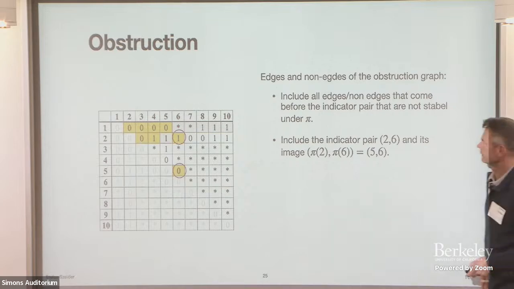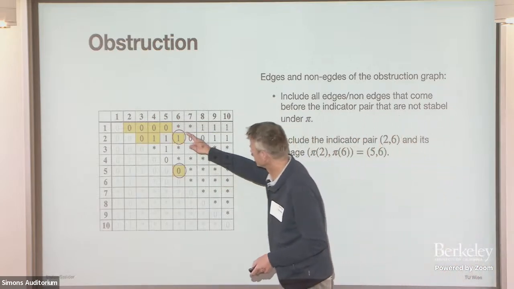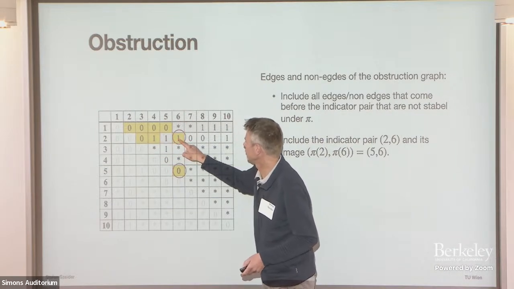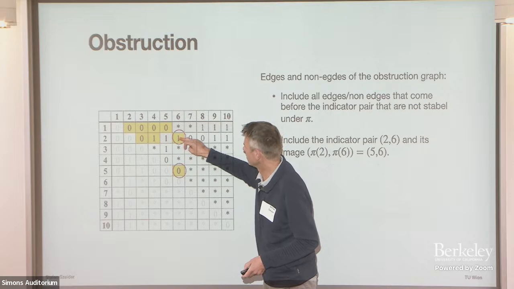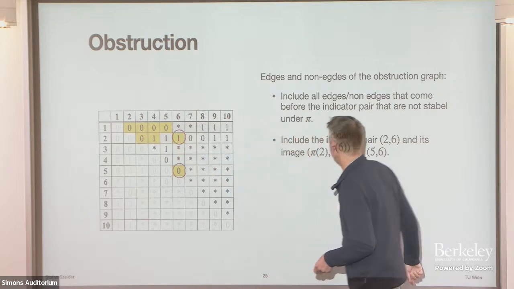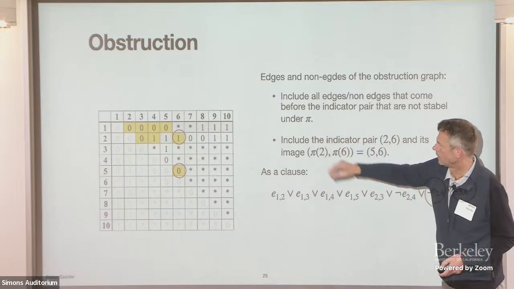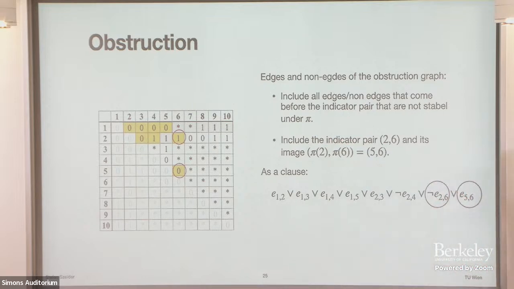And we call this, by the way, an indicator pair, this particular 2, 6, these coordinates of this first cell where we get this discrepancy is an indicator pair, and we can now translate this partially defined graph into a clause.